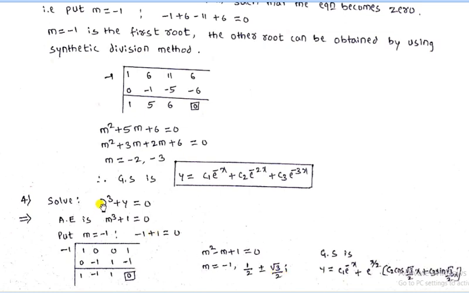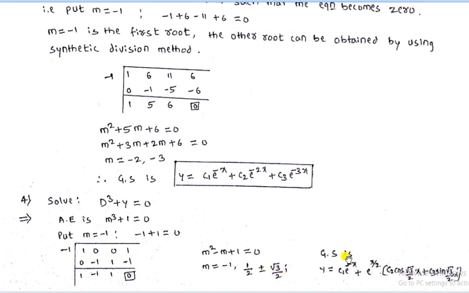So the equation is cubic, means it has 3 roots. The first one is m equal to minus 1, the second one is 1 by 2 plus square root of 3 by 2 i, and the third root is 1 by 2 minus square root of 3 by 2 i.